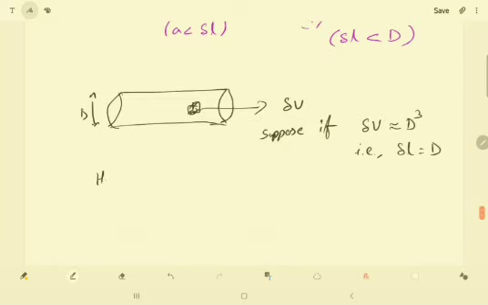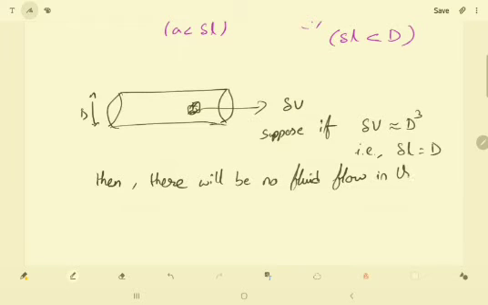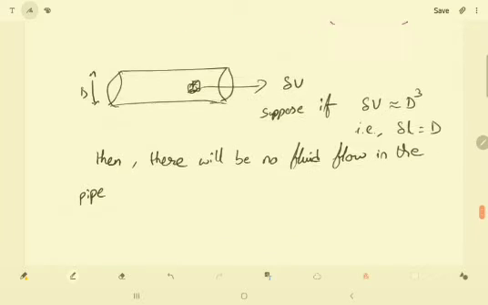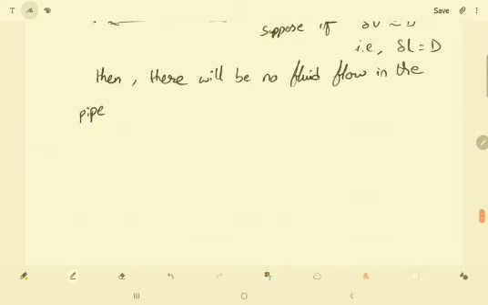Then there will be no fluid flow in the pipe. That means there will be no fluctuations.